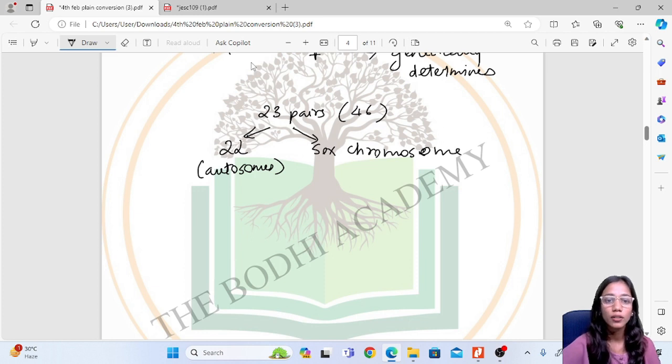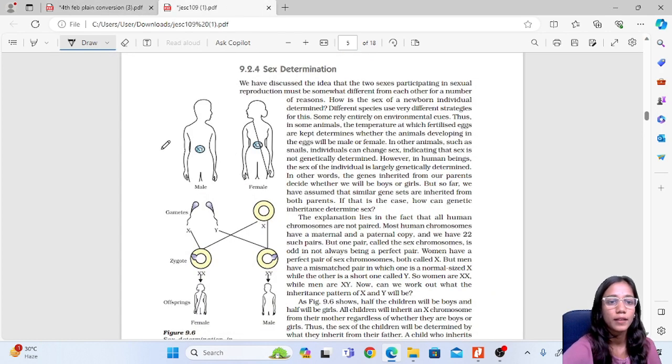Among this, the sex chromosome pair in the male is X and Y, and in the female the sex chromosome pair is X and X. So in the male it is X and Y, and in the female it is X and X.